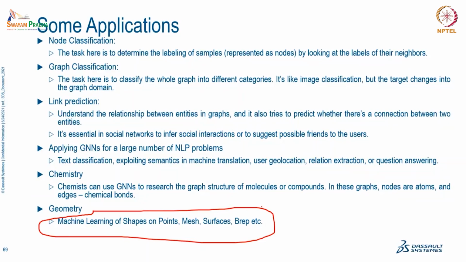So I will go ahead in the next slide with some applications at Dassault Systemes. This is not in particular GNNs. It is an overview of the overall artificial intelligence and machine learning that has been used at Dassault Systemes.